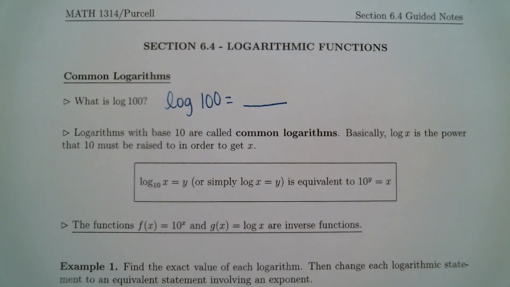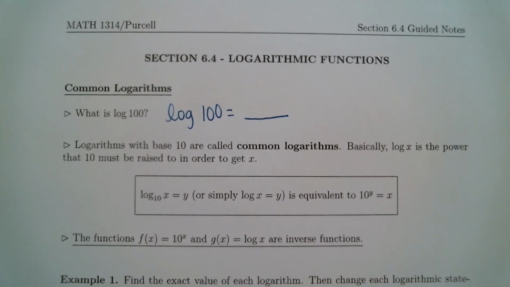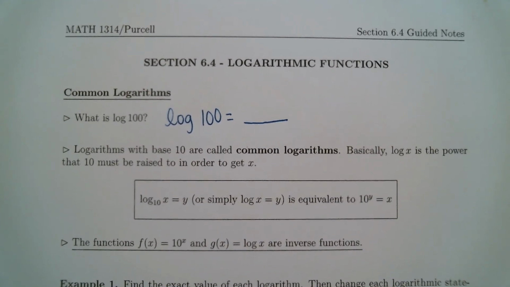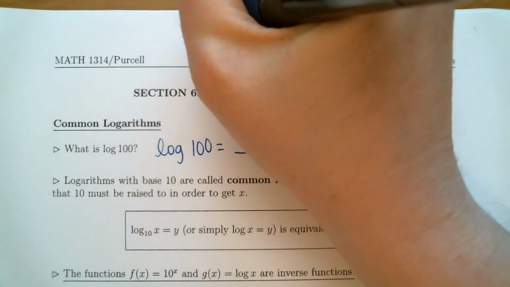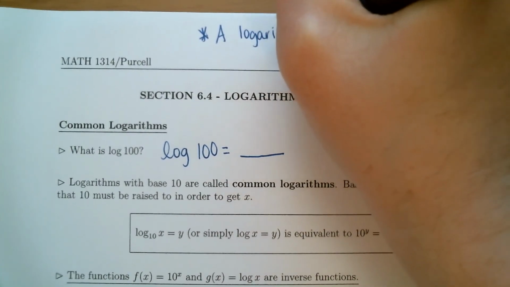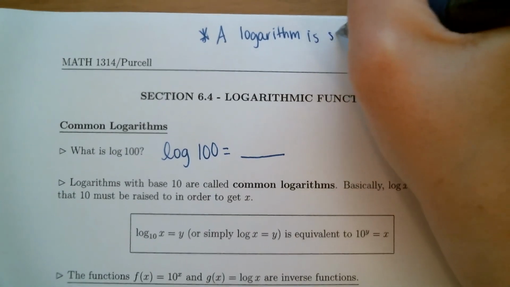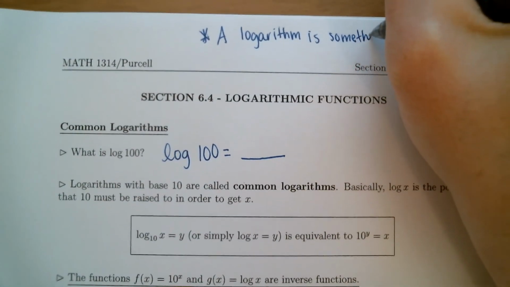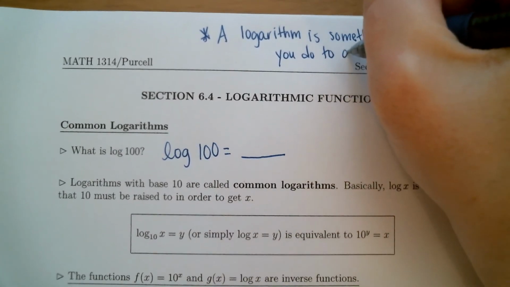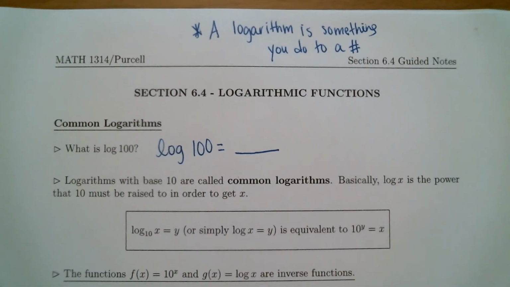The first thing I want to emphasize to you is that a logarithm is something you do to a number. Okay, so I'm going to write that up here. A logarithm is something you do to a number. It is an operation.